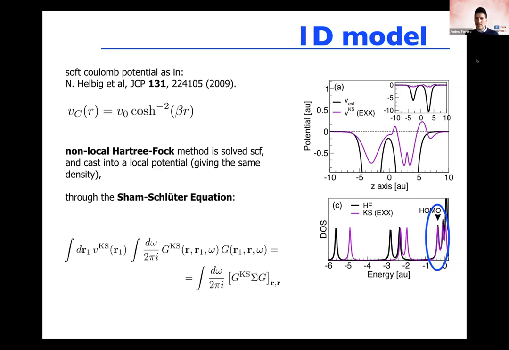So here is what you obtain, that is, you obtain the very same density by construction, but the only peak that stays the same is the HOMO, and that has to do with the fact that the HOMO determines the decay of the density in vacuum, and so since the density is the same, the HOMO stays the same, nothing else.